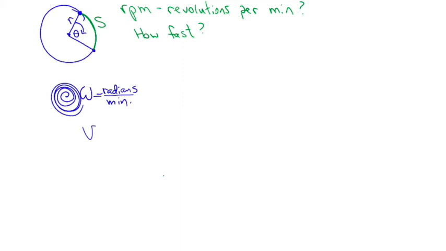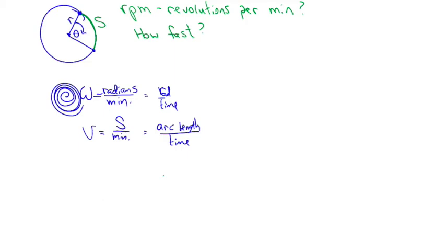Velocity is things like meters per second, miles per hour. So it's going to be arc length per minute, if you want to think of it that way. We can also write this as radians over time, and this also could be represented as arc length, or length, distance, over time. So both of them are rates, omega and V.